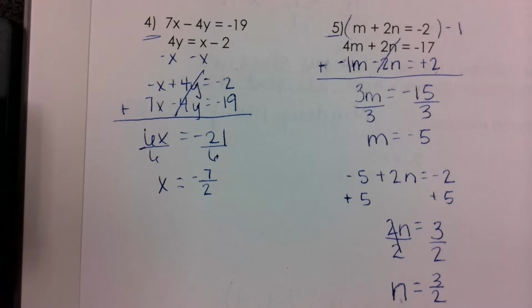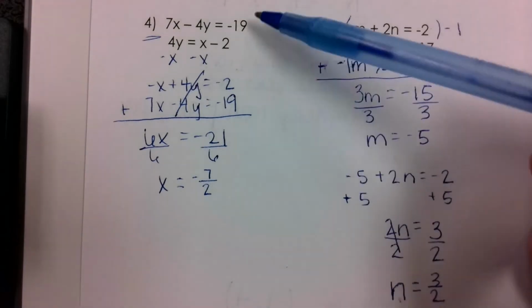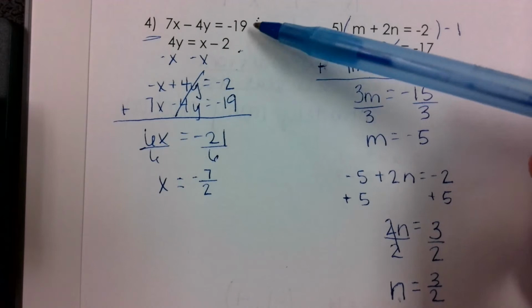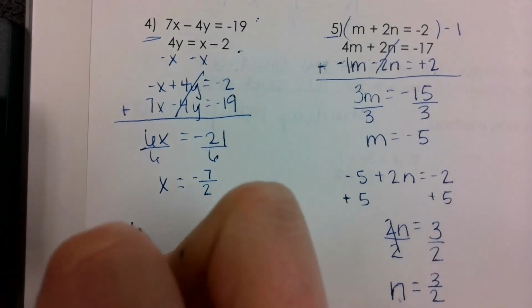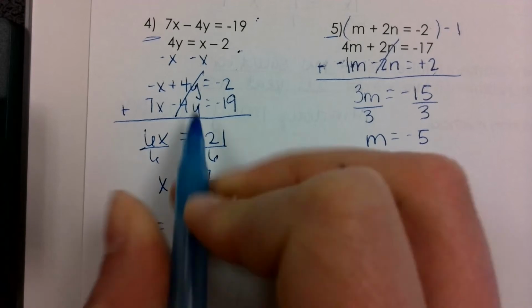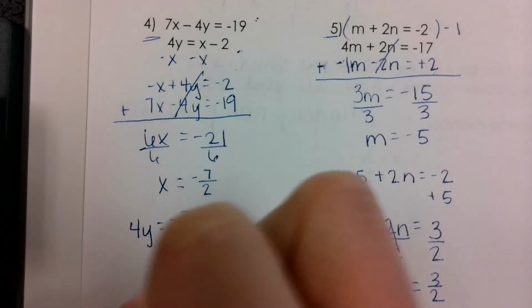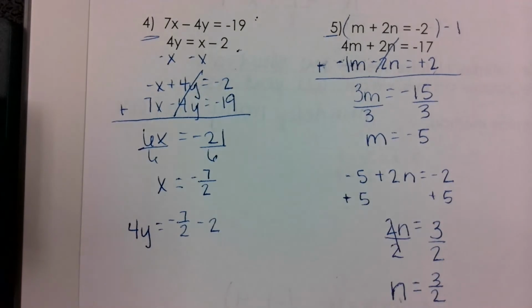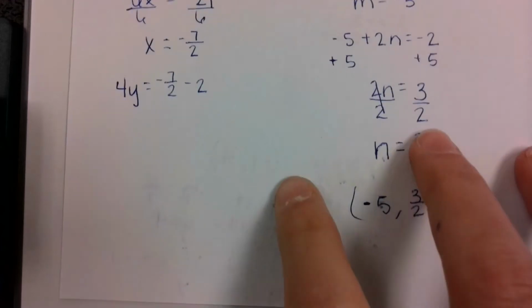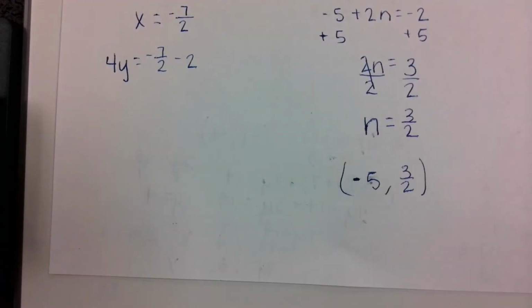So we've got x. What do you still need? We still need y. So we're going to have to plug back into one of our original equations. Do you want to use top or bottom? Bottom one? Okay. So we'll have 4y equals x, which was negative 7 over 2, minus 2. So we're going to have to do negative 7 over 2 minus 2. Before you can subtract fractions, what do you have to have?